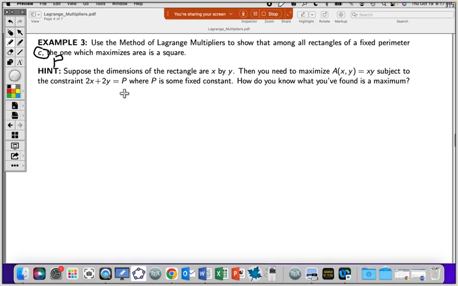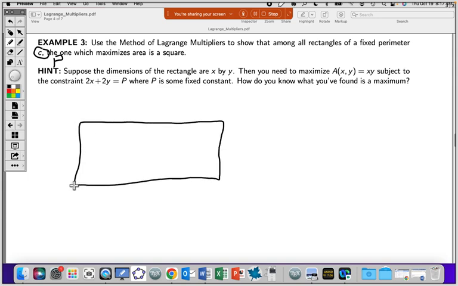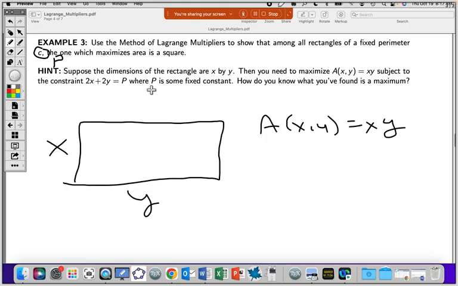So the hint is, suppose the dimensions of the rectangle are x by y. Then you need to maximize A of xy. That's the area. Subject to the constraint, 2x plus 2y is p, where p is some fixed constant. So that's the perimeter.